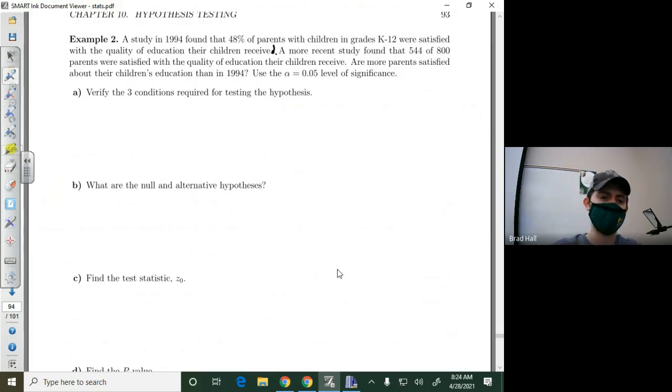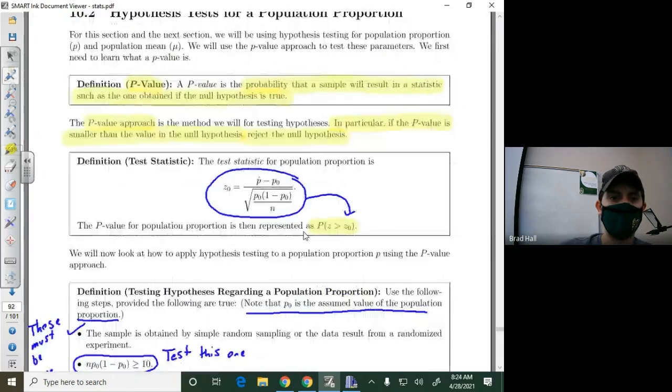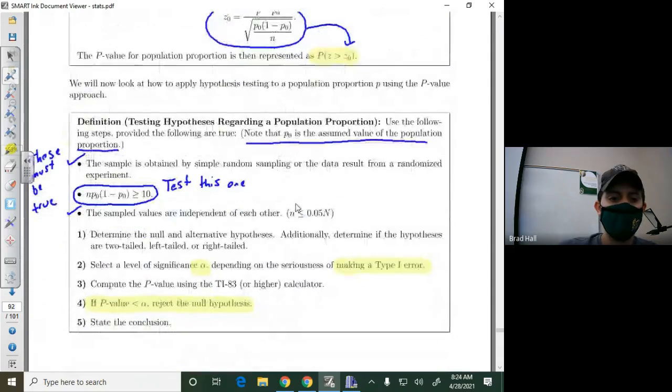And then part A, so this is loosely based off of how the homework presents this information. Verify the 3 conditions required for testing the hypothesis. Now, the 3 conditions come back to the sample being obtained by simple random sampling and the sampled values being independent of each other.